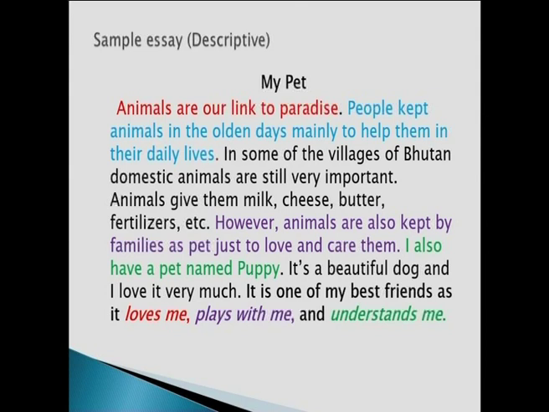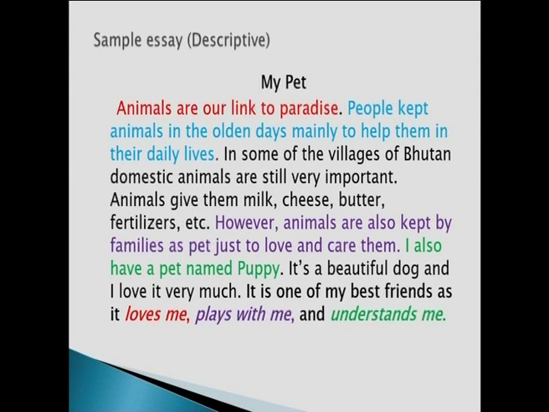Then let's come further down. It says, I also have a pet named Puppy. So this sentence has a specific idea. Now the writer has arrived at a specific idea, because after talking about domestic animals, then it talks about pets. After mentioning pets, then the writer talks about a pet named Puppy.